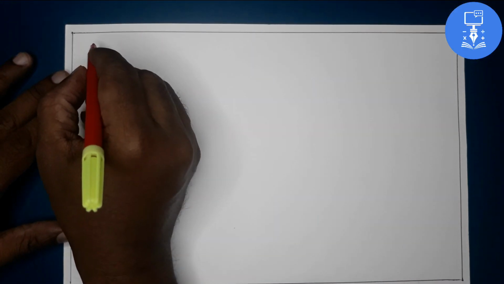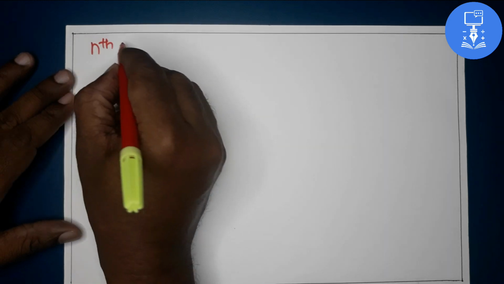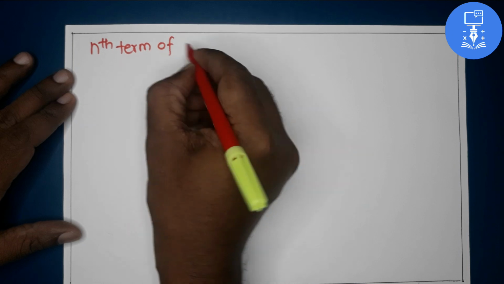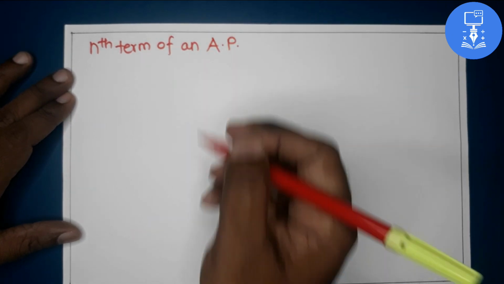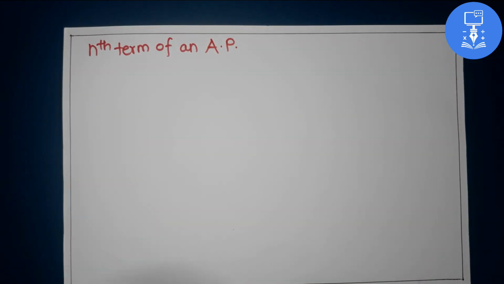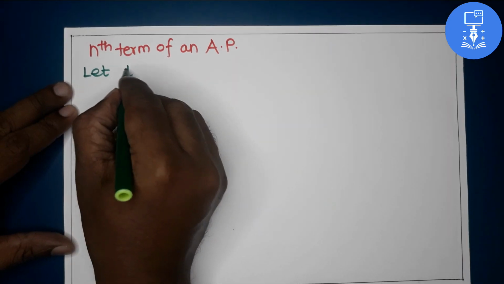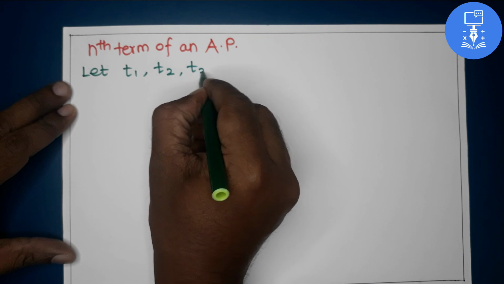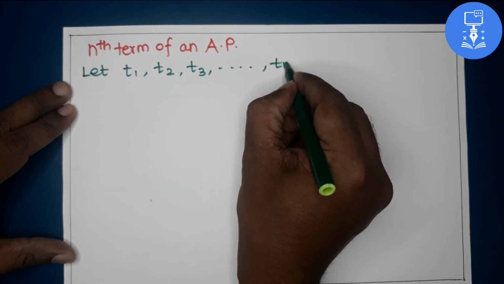So let's derive the formula for the nth term of an AP. Now friends, let's consider that the sequence is T1, T2, T3 and up to Tn.